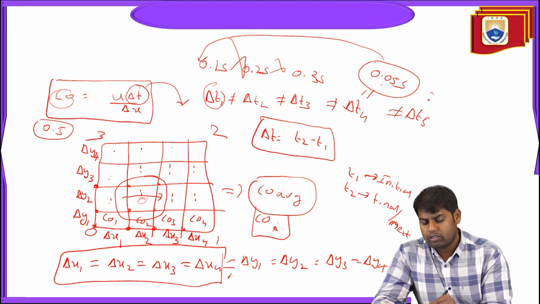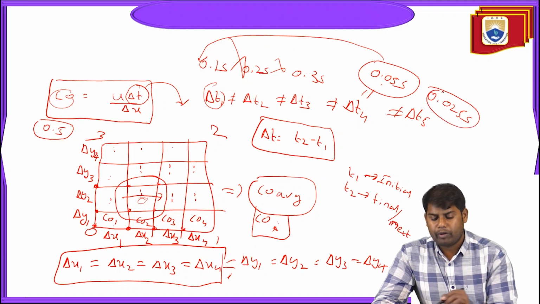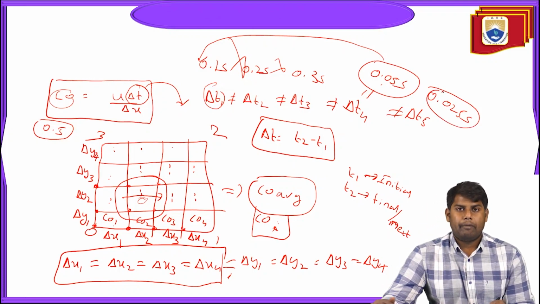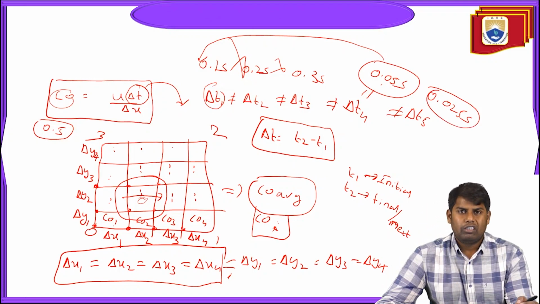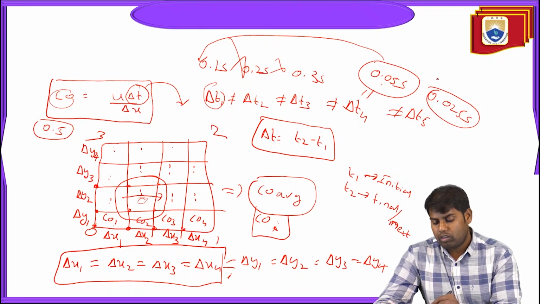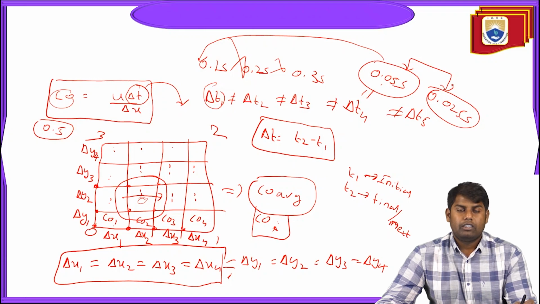So I am halving it actually. Therefore, if the simulation results of these two are nearly equal or matching, then we form a time independence study. So what is the meaning actually?